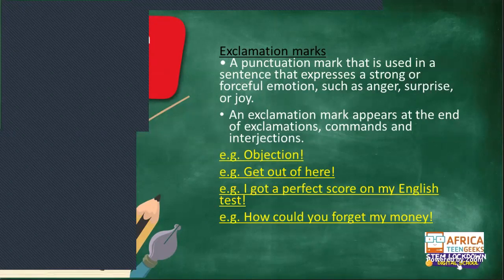I got a perfect score on my English test! You are so happy. Joy is a very strong emotion. When you're feeling so joyous, you really can't contain it. I got a perfect score on my English test!